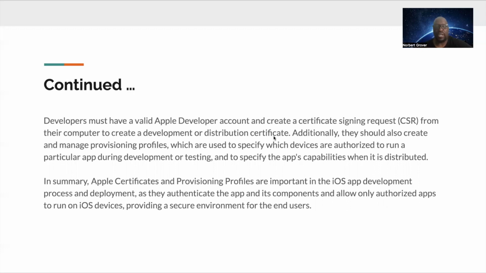Additionally, they should also create and manage provisioning profiles, which are used to specify which devices are authorized to run a particular app during development or testing, and to specify the app's capabilities when it is distributed. In summary, Apple certificates and provisioning profiles are important in the iOS development and deployment process, as they authenticate the app and its components and allow only authorized apps to run on an iOS device, providing a secure environment for end users.